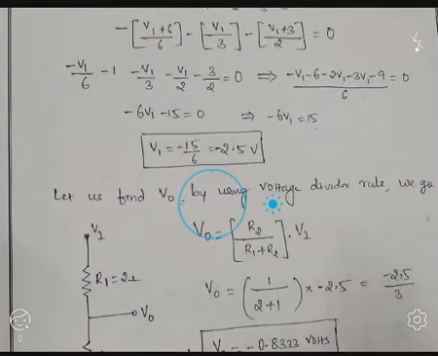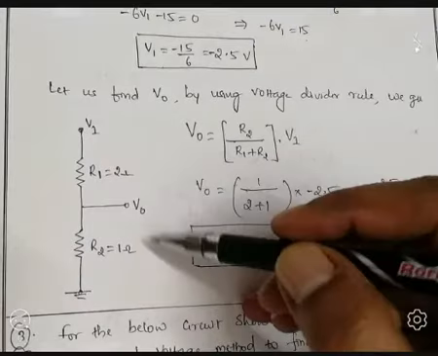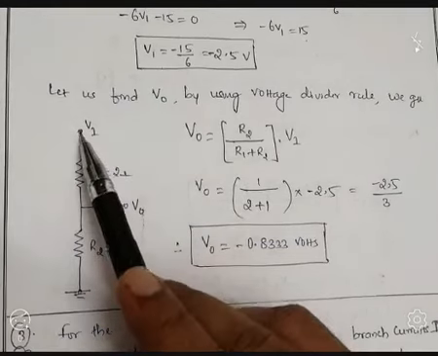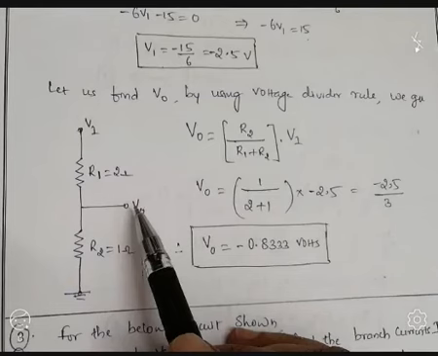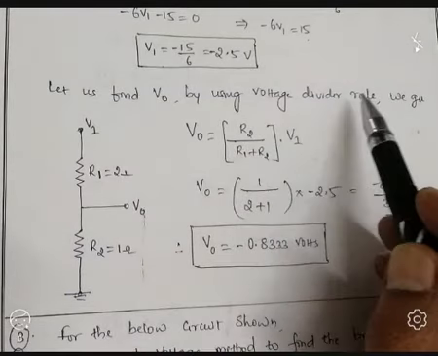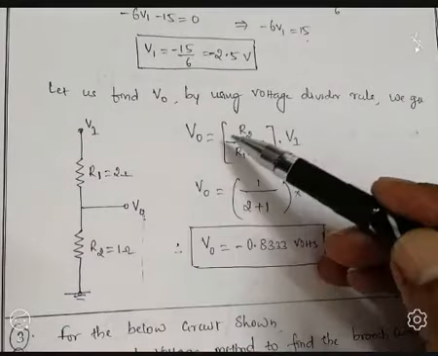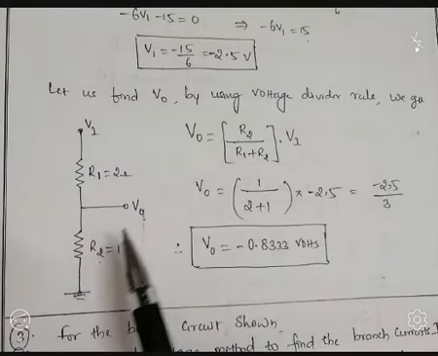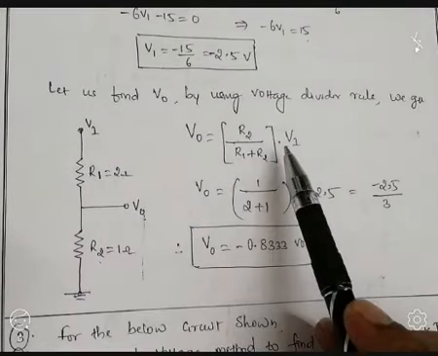So we calculated V1, but we want V0. So I will take only that branch, across whose terminal we have to calculate V0. Here the reference node V1 is there, but we have to calculate V0. Let us make use of the voltage divider rule. So V0 equals the voltage across this terminal. This one is represented as R1 and this one is represented as R2. V0 equals the respective branch resistance R2 divided by R1 plus R2, into V1.